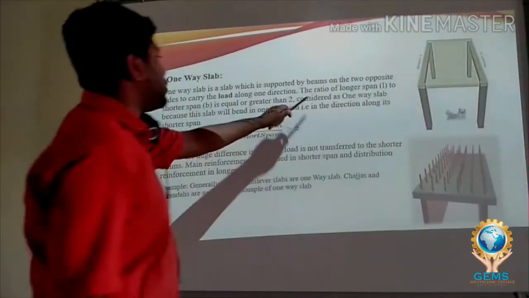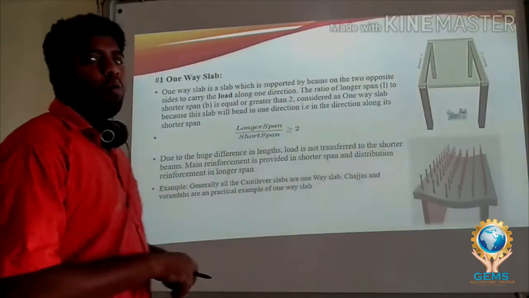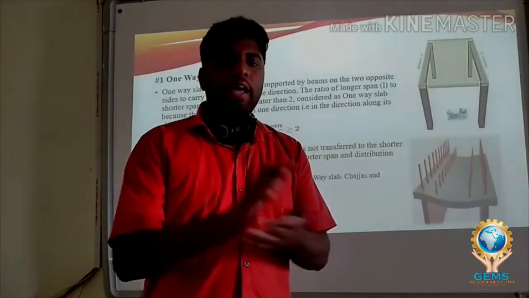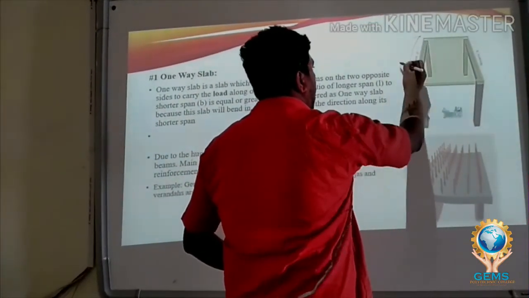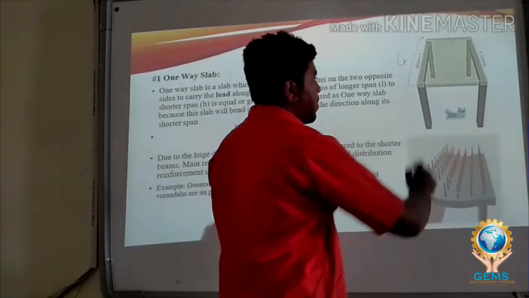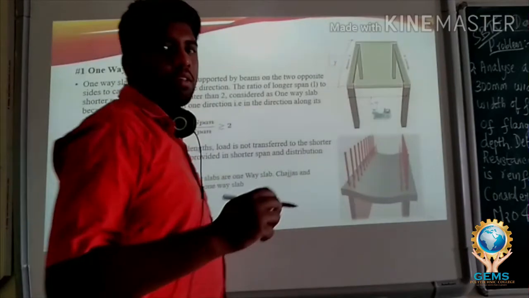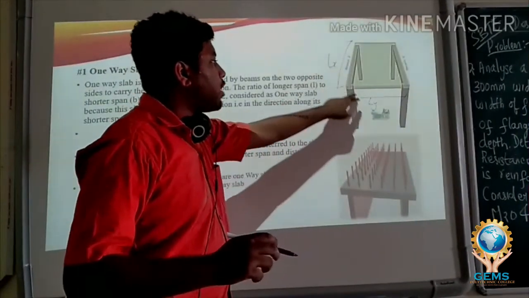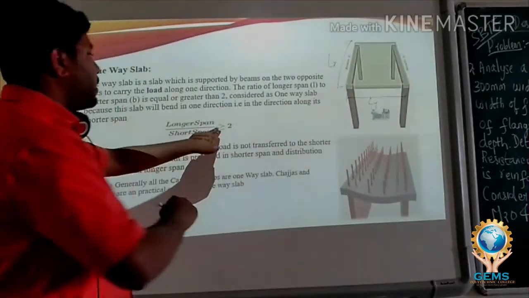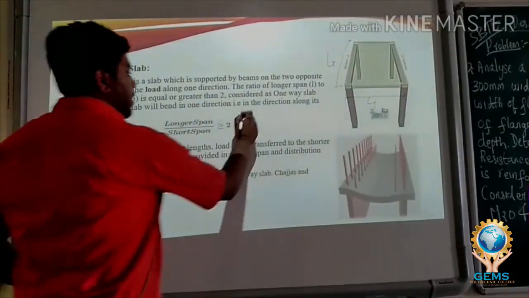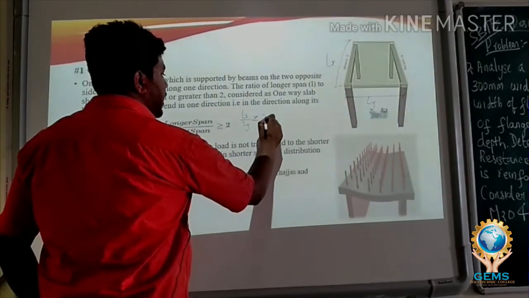The ratio of longer span to shorter span is equal to or greater than 2. So how do we calculate it? For example, this is the longer span, which we take as Lx, and this is the shorter span, Ly. The ratio of longer span to shorter span, Lx by Ly, should be greater than or equal to 2.